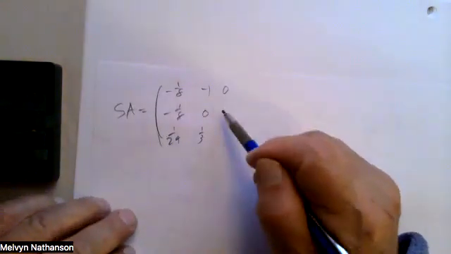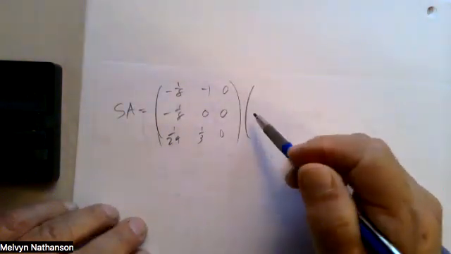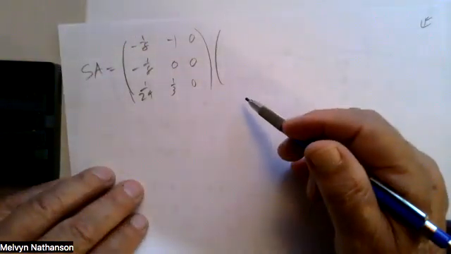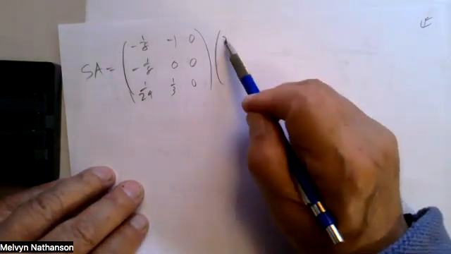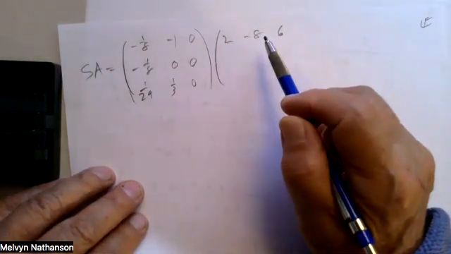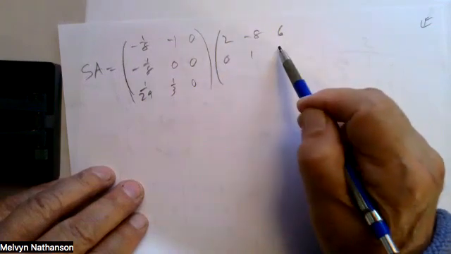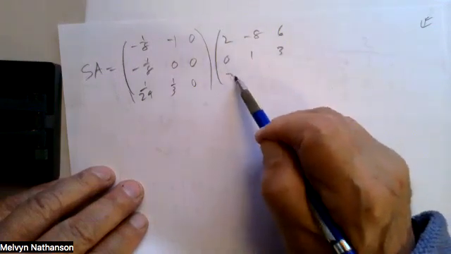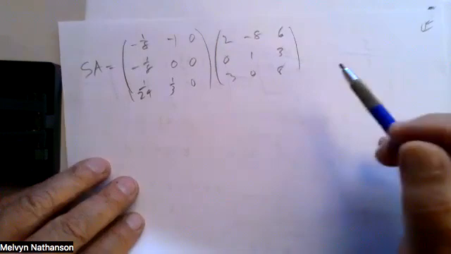That doesn't look good. Has to be a row. And this times A. What was A? 2, minus 8, 6. 0, 1, 3. 3, 0, 8.